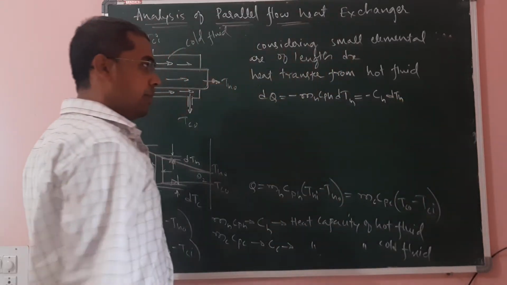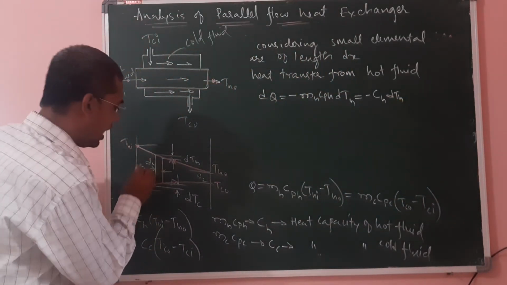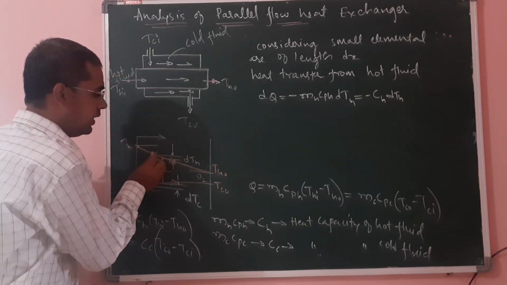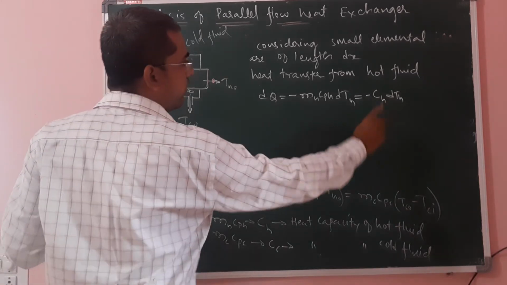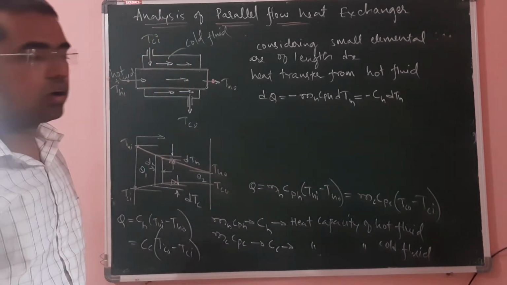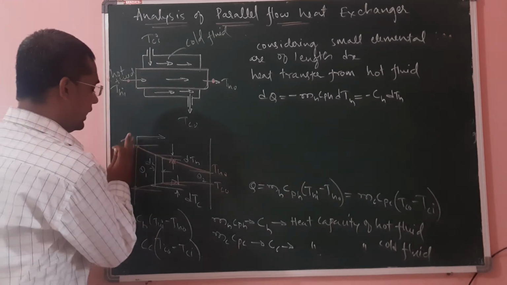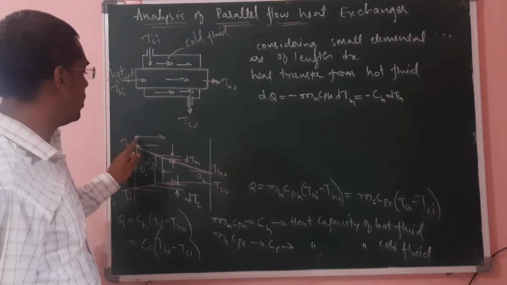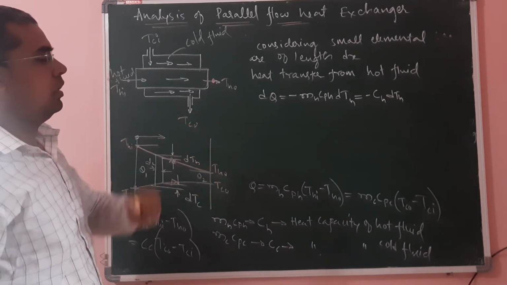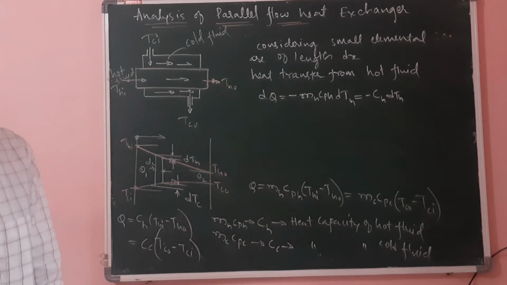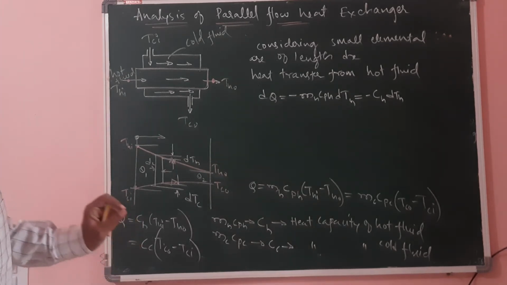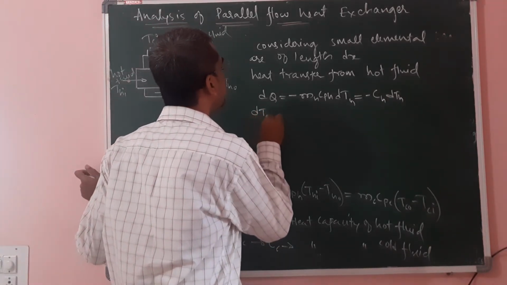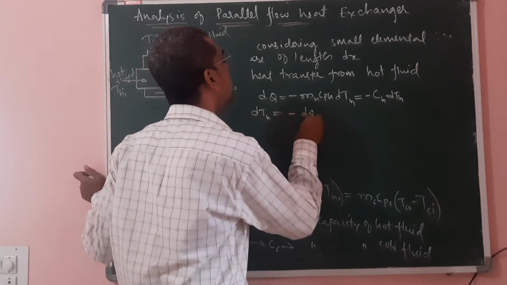I have taken minus because along the length, taking it as 0 and integrating to the length L, there is a drop in temperature of the hot fluid; the temperature goes on decreasing, therefore we take it as negative. Therefore we can get dTh equal to minus dq divided by Ch.